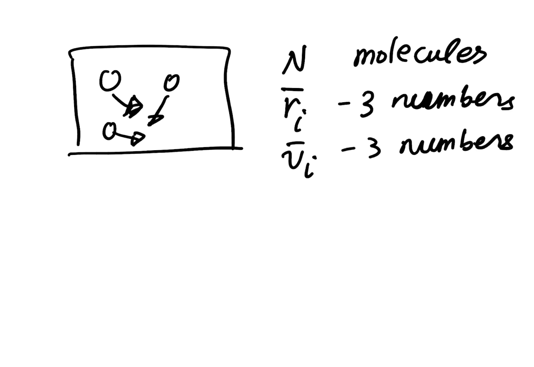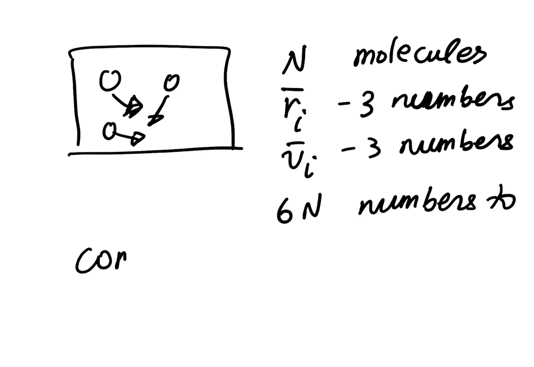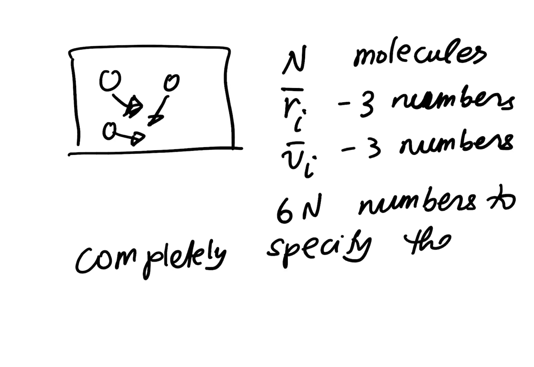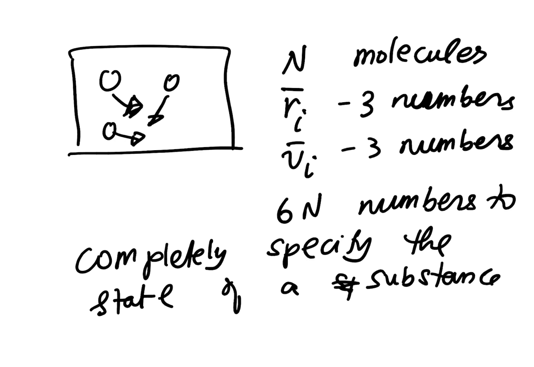So really you need to specify 6n numbers to completely specify the state of a substance, which could be solid, liquid, or gas.